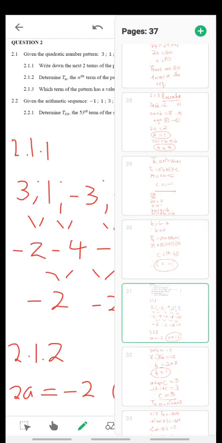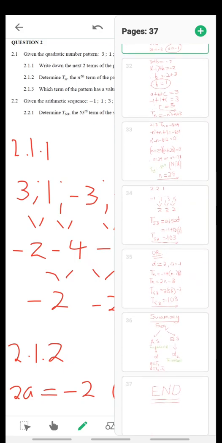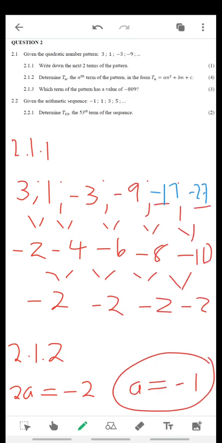Now this is the last question. I hope you have been understanding from the first problem, and now we are doing the last exam question. Question 2. Given the quadratic number pattern: this is a quadratic number pattern, which means we have the second difference being constant. So 3, 1, minus 3, minus 9.